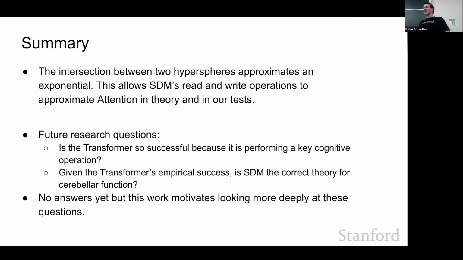The cerebellum is a very old brain region used by most organisms, including fruit flies, maybe even cephalopods through divergent, but now convergent evolution. And then, given that the transformer has been so successful empirically, is SDM actually the correct theory for cerebellar function? That's still an open question.